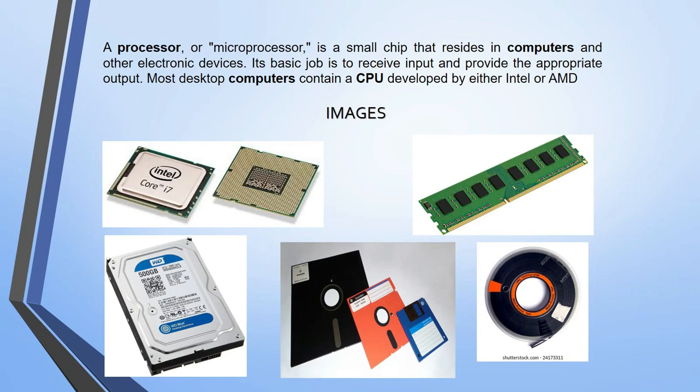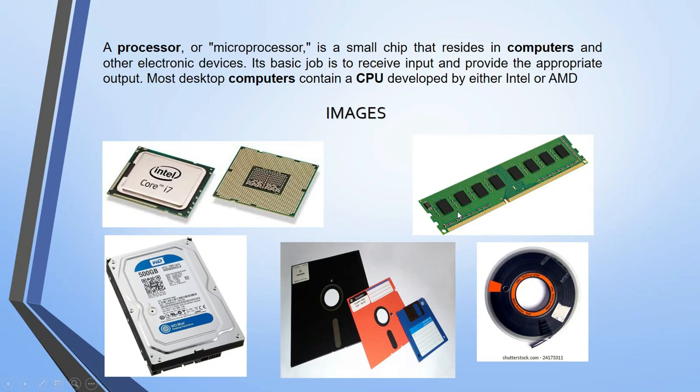Okay, so let's see the picture. On your image, this is the processor, an Intel Core i7. Different types of processors are there: dual core processor, Core 2 Duo processor, Core i3, Core i7, Core i9.